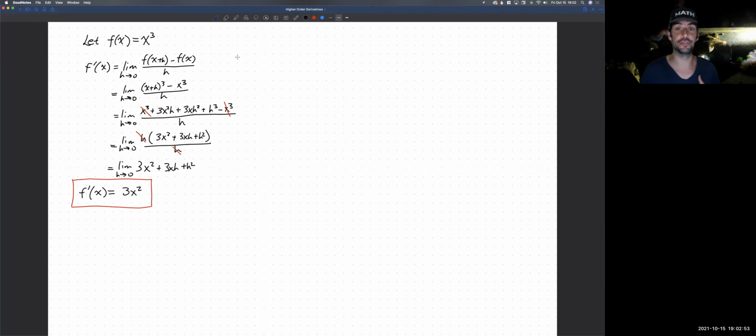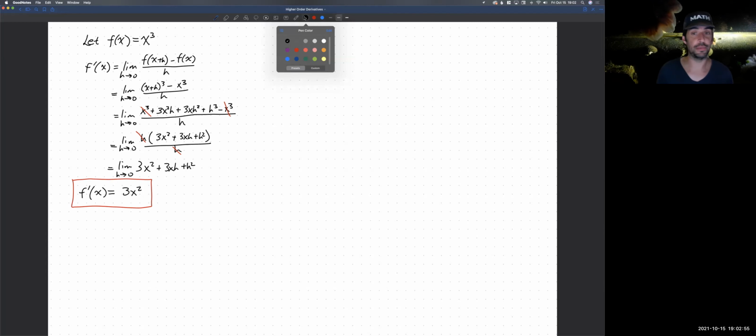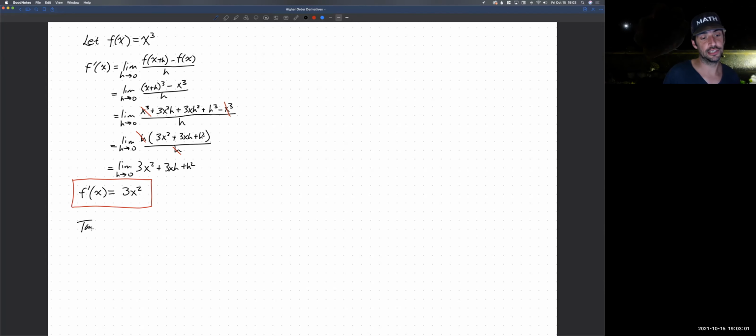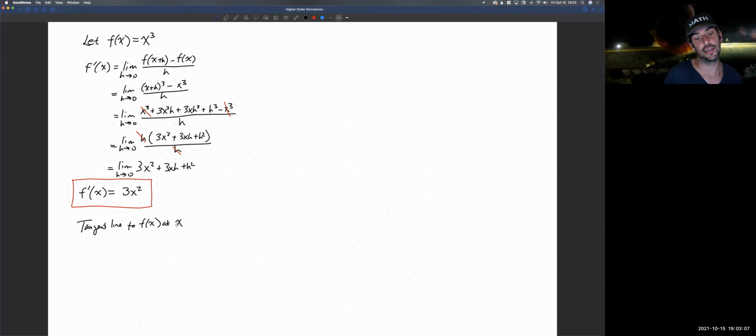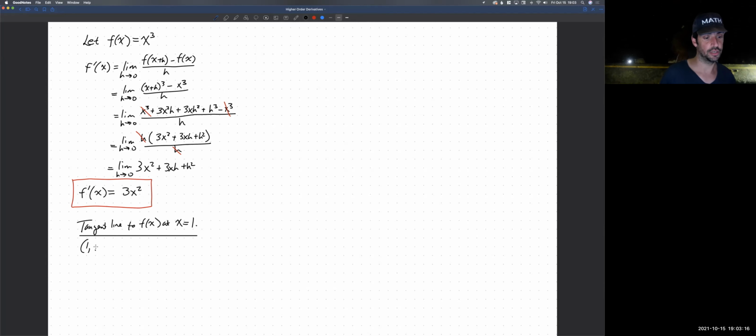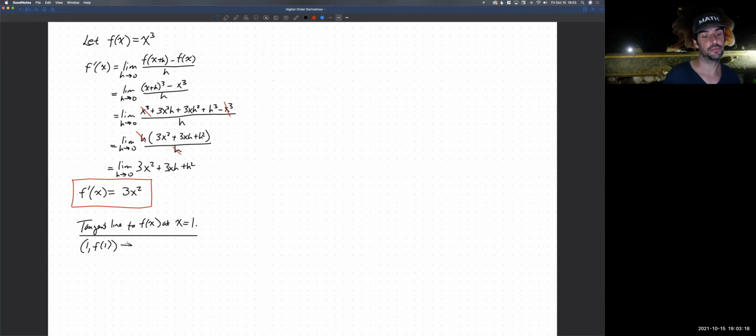What does this derivative do? The derivative spits out the slopes of tangent lines, right? So if we wanted the tangent line to f of x at x equals 1, well, what do we need? We need a point. So the point will be 1, f of 1, which is of course just 1, 1.